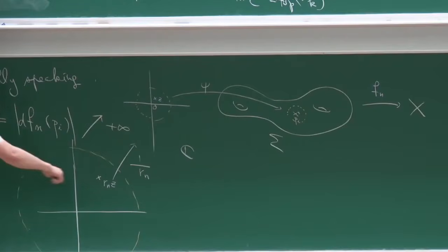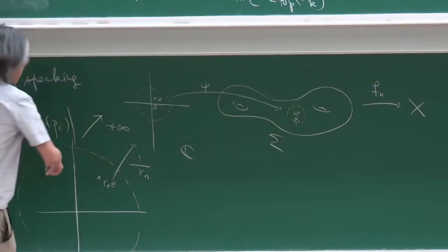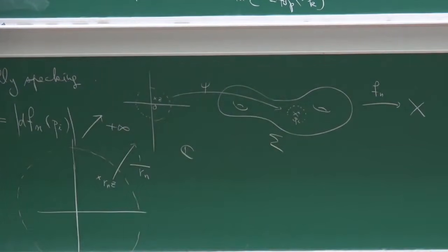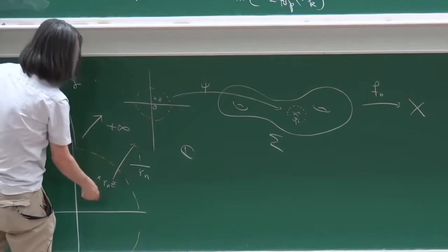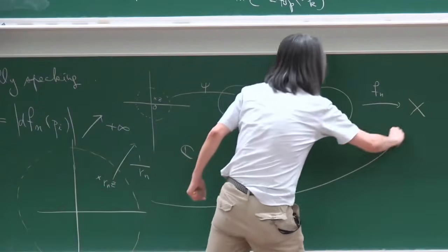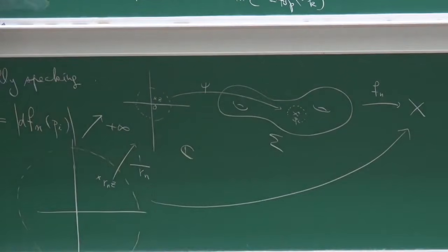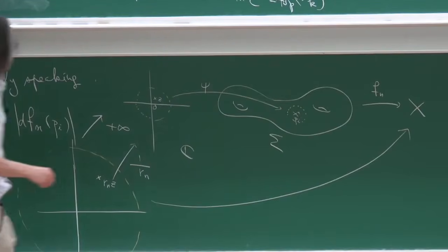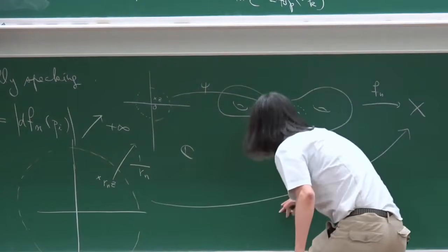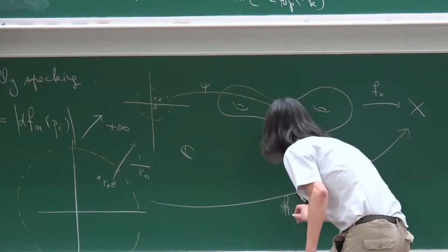And then if you compose this map, then here the derivative is something like R_n. The magnitude of derivative is something like R_n. But because here I just consider the map by multiplication by 1 over R_n, therefore from here to here, somehow this map has bounded derivative. So you just rescale the domain, and then look at the new sequence. So this is actually, maybe I may just write it as g. No, g I already erased it. It was there. So therefore maybe I just write it h_n or something.